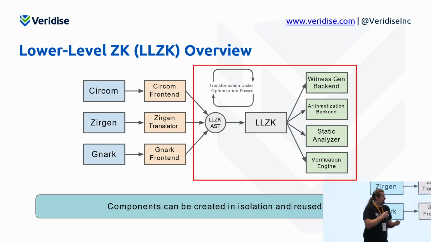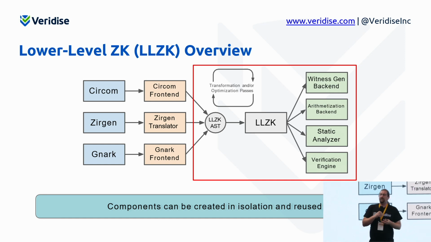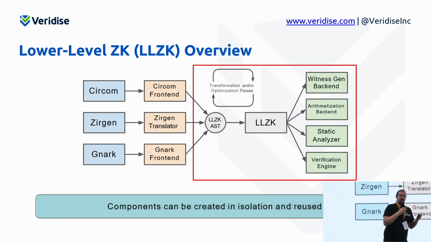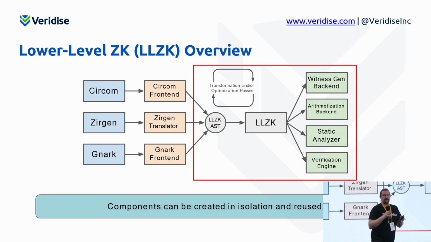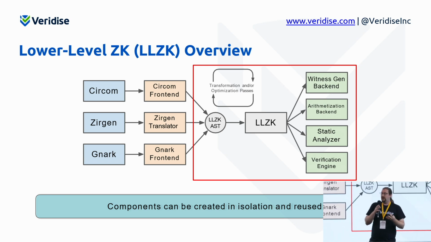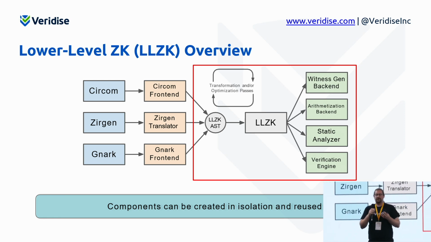And then eventually it will go down to the arithmetization. And once it goes to the arithmetization, then you have basically the constraints in some form, which can again be processed by another utility on the back end. But it just allows more reuse and specialization in these ZK compilers.